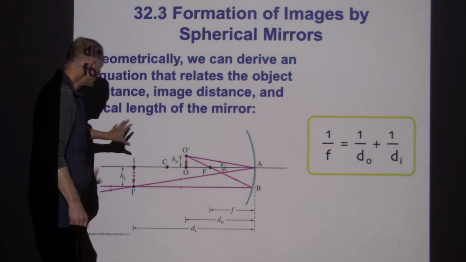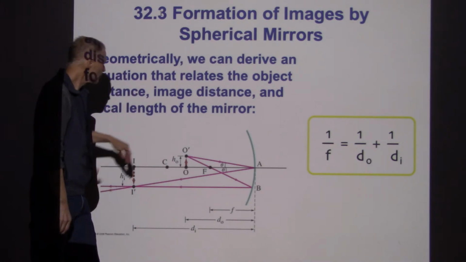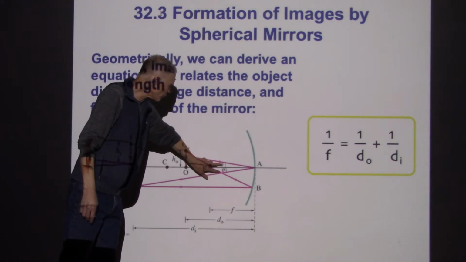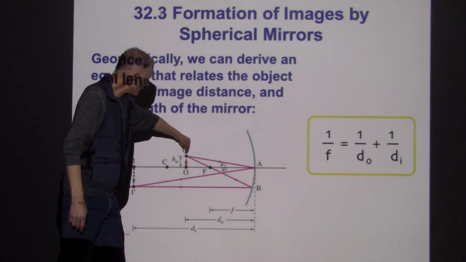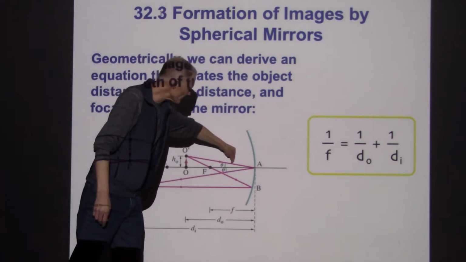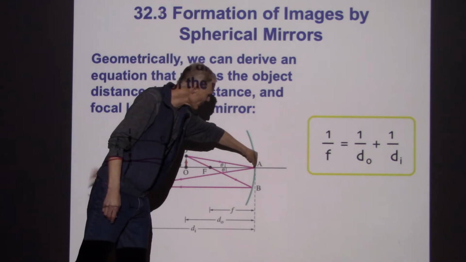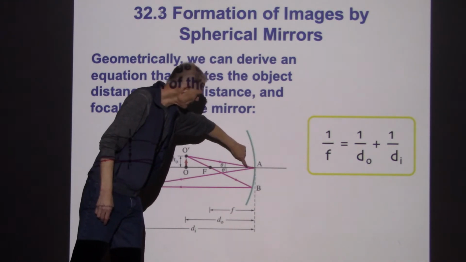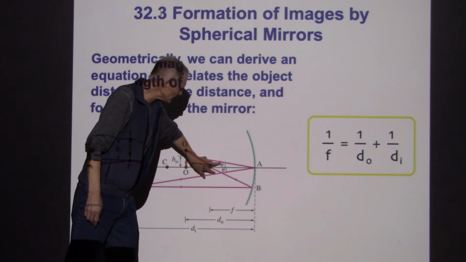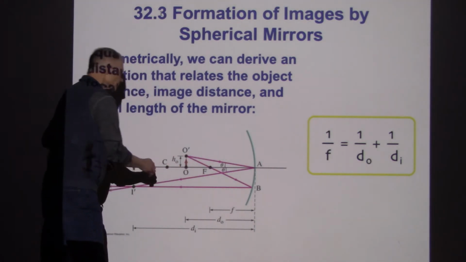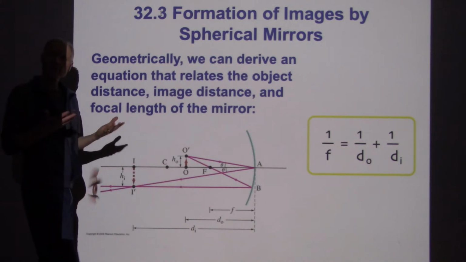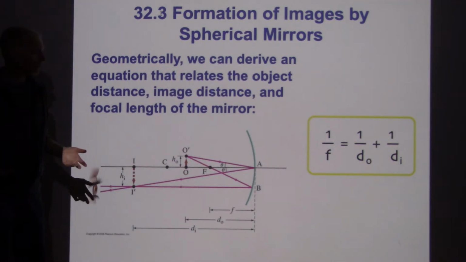Now, what we can also see from this diagram, this is a nice diagram, we have 2 angles here which match each other. The path that we have here is one that goes right towards the center of the mirror itself and then reflects back at a matching angle. And that says that when we look at this diagram, we've got a couple of similar triangles, and they're right triangles.